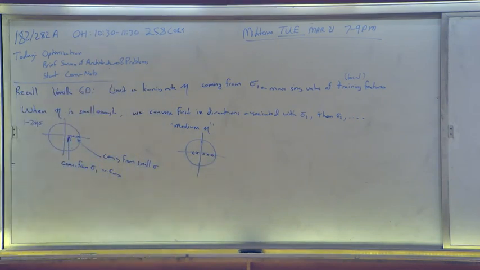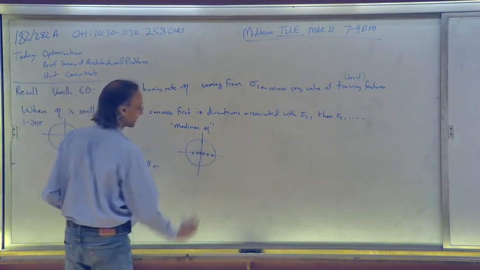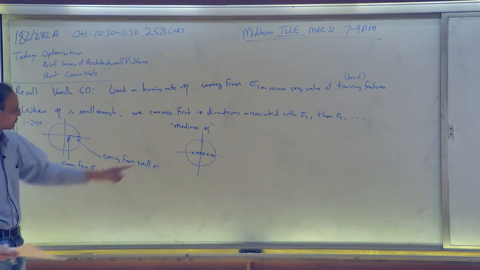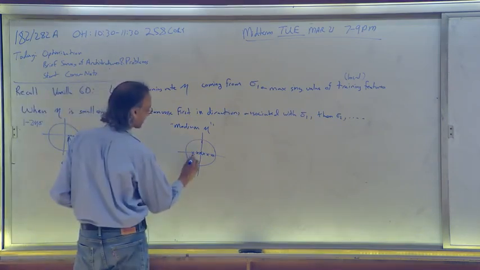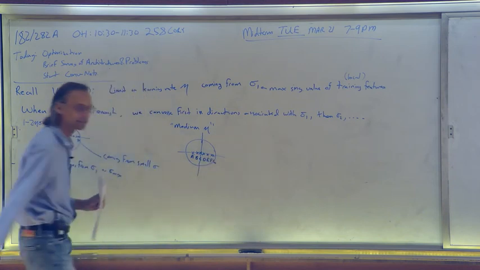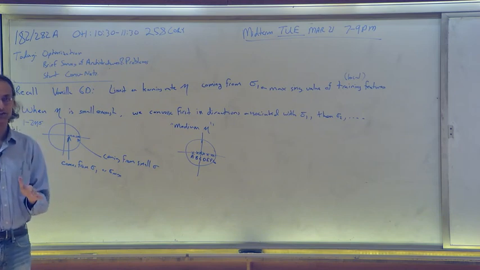Okay, so now I'll put one more here, okay? By show of hands, I'm going to ask you all to vote for A, B, C, D, E, F, G. I've written these out. Show of hands, which one converges first?